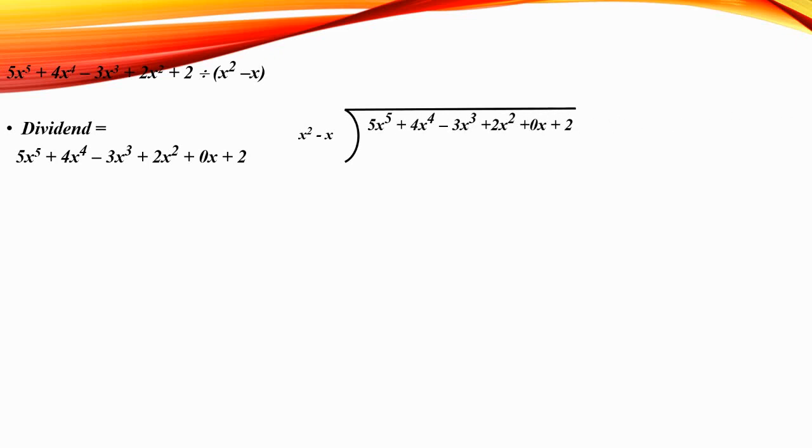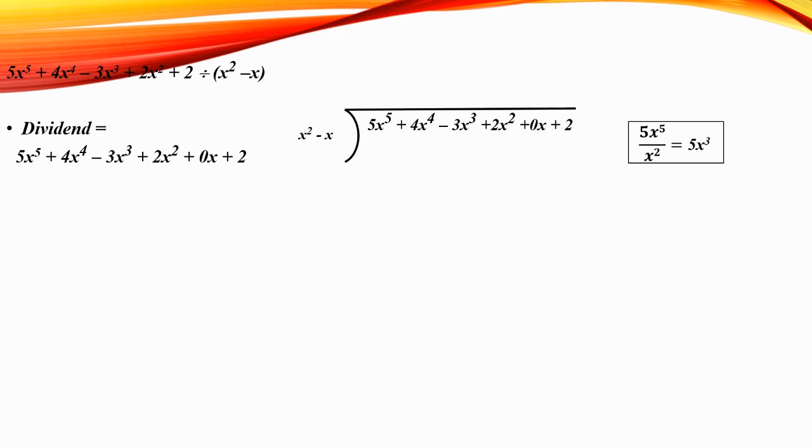5x raised to power 5 plus 4x raised to power 4 minus 3x cube plus 2x square plus 0x plus 2 will be written inside. Now in the rough side we will do the division. 5x raised to power 5 upon x square is equal to 5x raised to power 3.